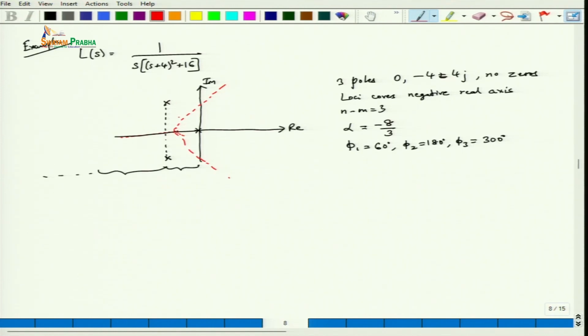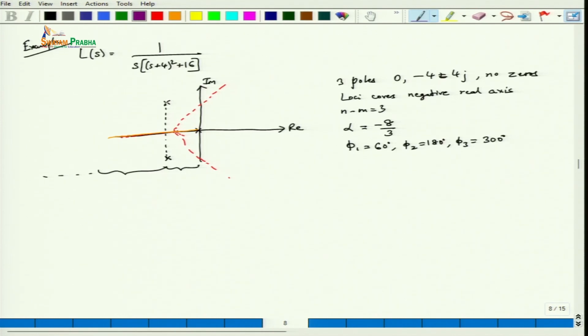So now if we are going to plot the root loci, the first part of the first root loci will be directly going here, which is 180 degrees. So the one at s equal to 0 will move along 180 degrees.